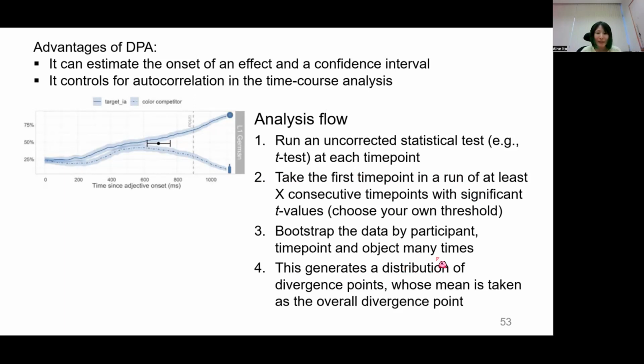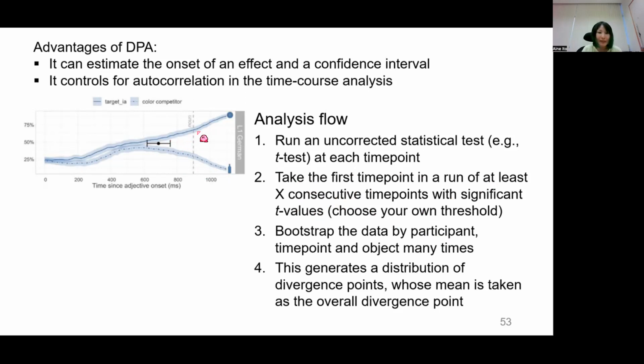You do that many times, and this will generate the distribution of divergence points. When you do it once, you get one divergence point. If you shuffle the data and compute the first consecutive time points where the effects started to be significant, then you get lots of divergence points for the shuffled data.